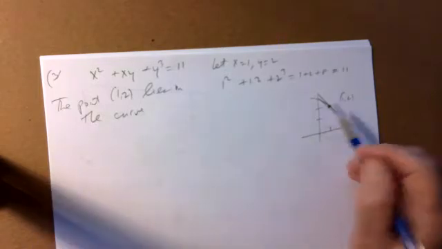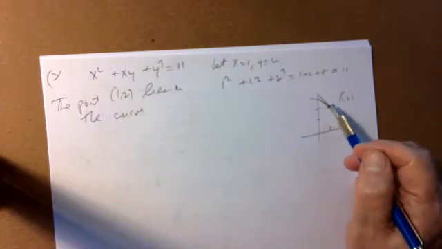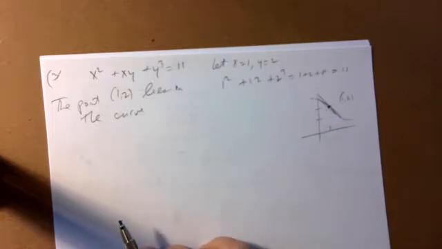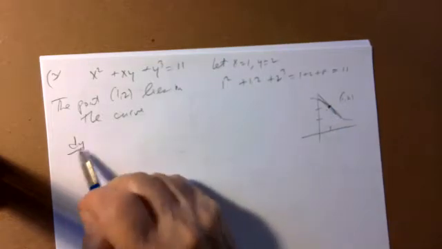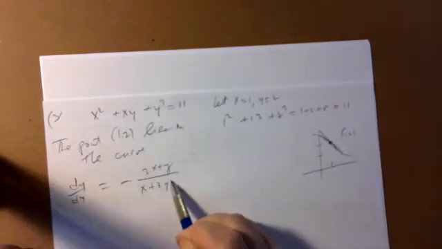So we know a point on the tangent line because the line goes through the point (1, 2), but we need to find the slope of the line. But in the previous problem, I found dy/dx. It was minus (2x plus y) over (x plus 3y squared).